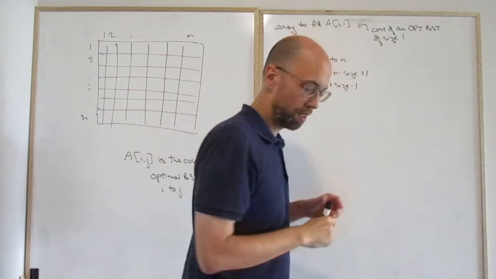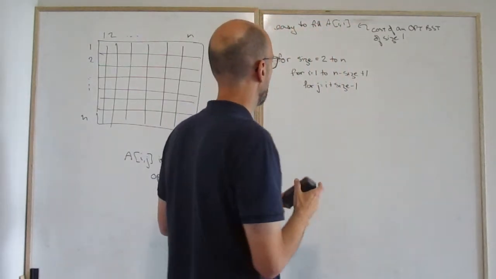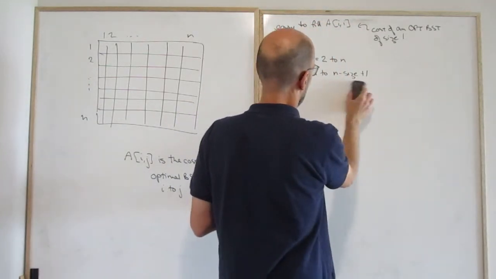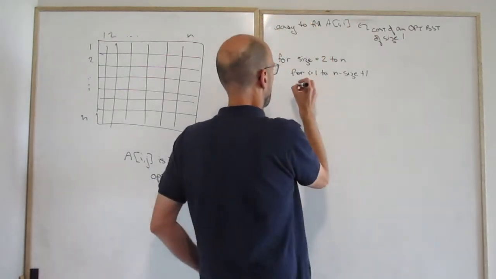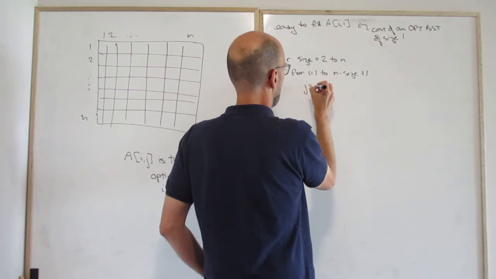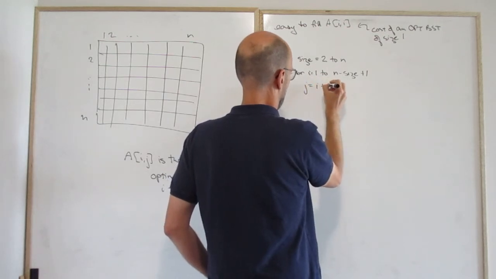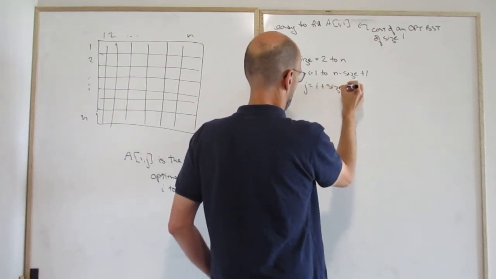We don't need a loop for j. We're going to say j equals i plus size minus 1. Okay?